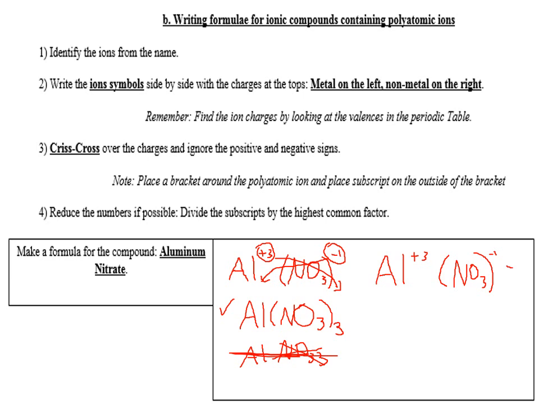We know the overall charge has to be equal to 0. Right now we're not there yet. We have plus 3 minus 1, that's plus 2. I need to go down a bit more, so let me add some more negatives. I'm going to add another NO3 there with a minus 1. Plus 3 minus 1 minus 1, that's still plus 1. That's not quite there yet. We still have to go down a little bit. So I'm going to add one more NO3 here.